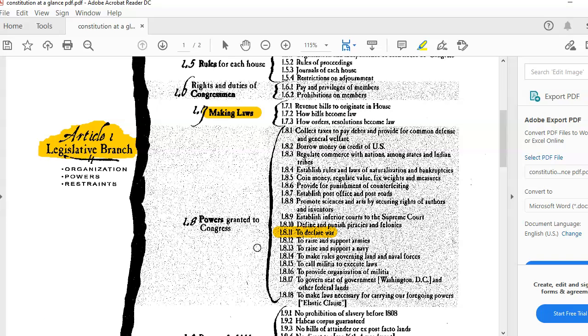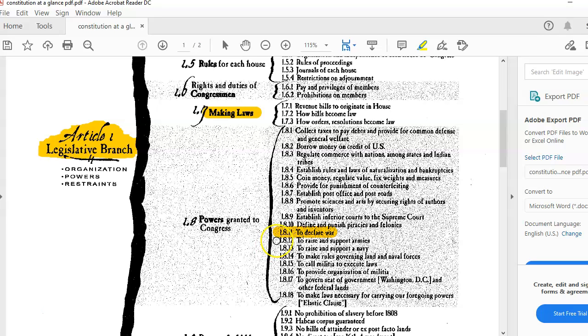They're the ones that actually have the funds and can allocate or give the funds to have a war with whomever. So that's something that a lot of people don't know. A lot of people think it's the president, but really it's not. The president actually has to ask Congress to officially declare war.